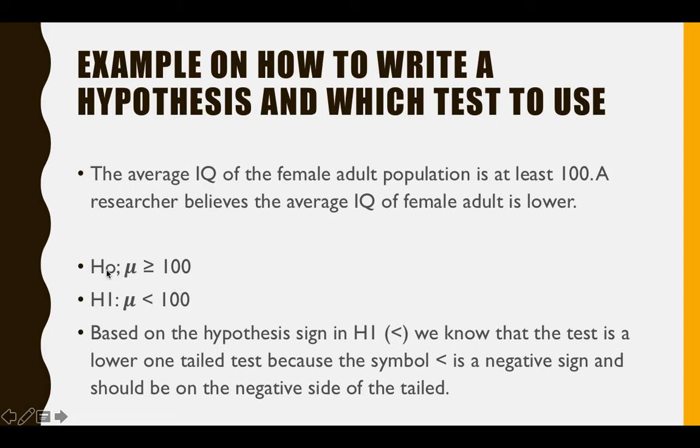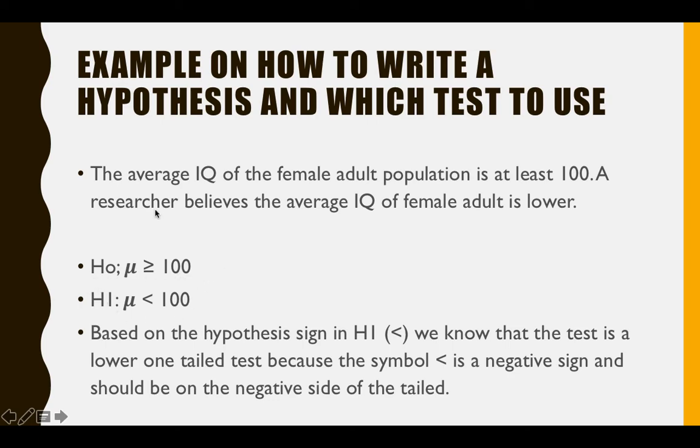Whereas your null hypothesis or H0 should be the hypothesized mean is greater or equal than 100. So your null hypothesis is based on this statement. This statement states that the average IQ of female adult population is at least 100, meaning that it is not less than 100. So your H0 should be greater than or equal to 100.